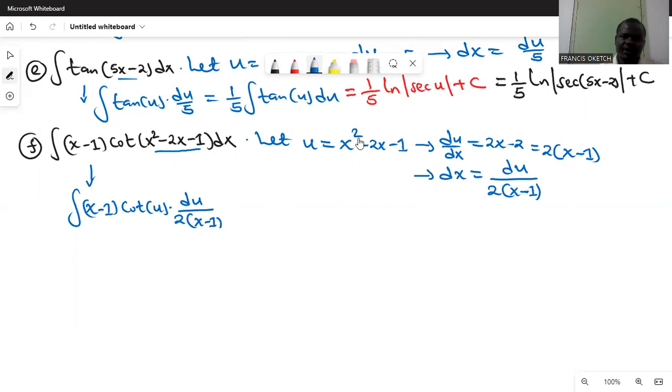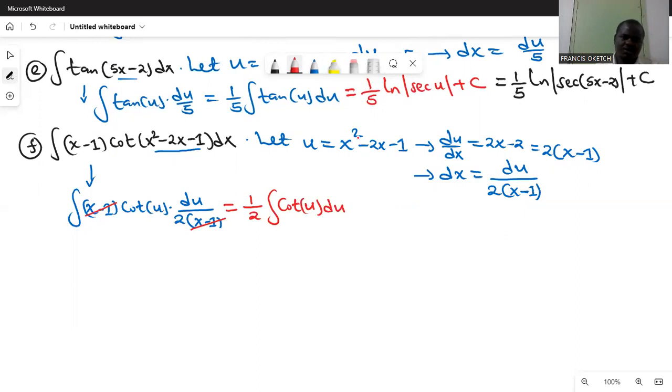So when you simplify, x minus 1 will cancel with this other x minus 1. And 1 over 2 is a constant which you can factor out, so that you'll have 1 over 2 times the integral of cot u du.